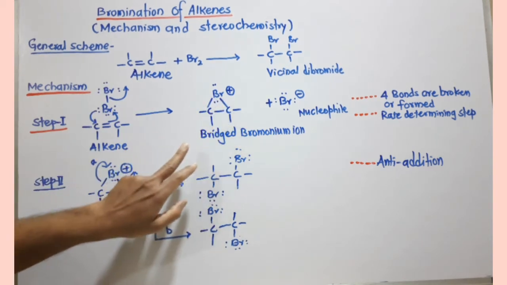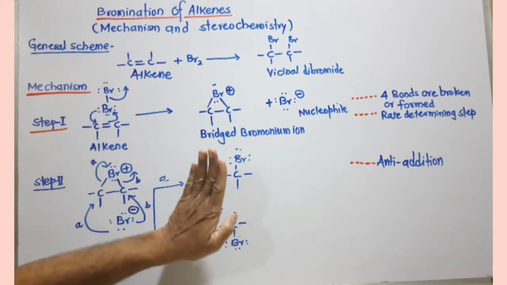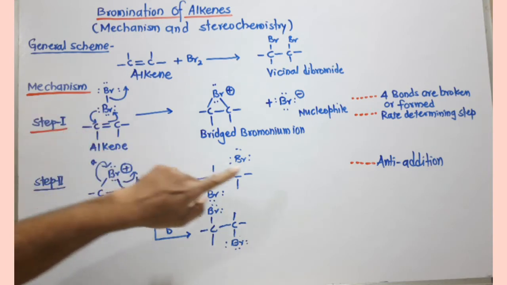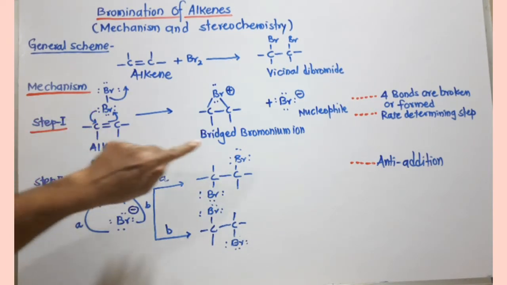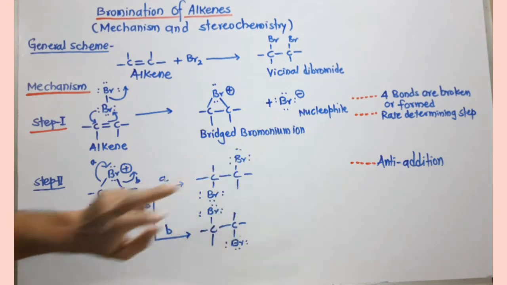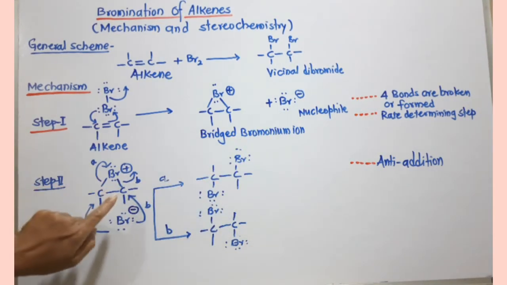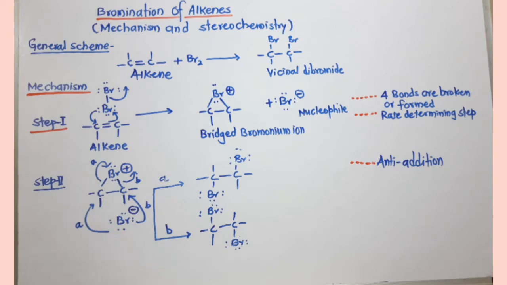So the bridged ion will form from the lower side, and this Br will go from the upper side. So what we have to do? We have to attack this nucleophile from the opposite side. So since Br positive is here, I am showing that Br from the lower side, from the opposite side. Now there are 2 possibilities. This Br can attack this carbon or this carbon. Both carbons are identical or symmetrical.